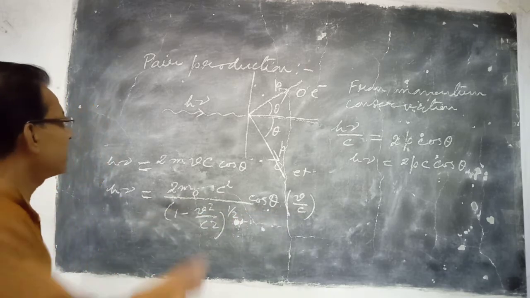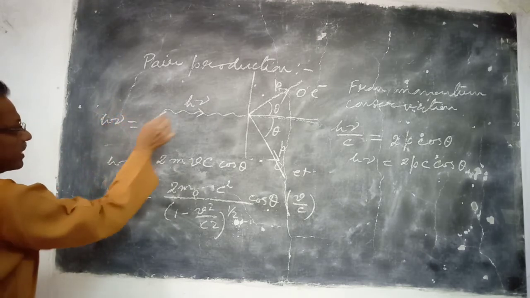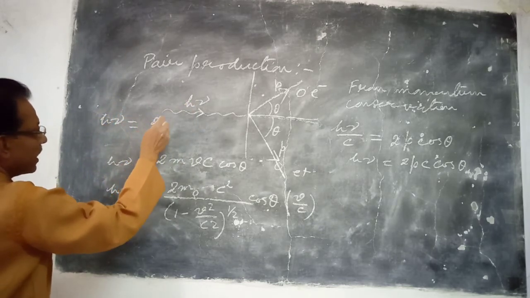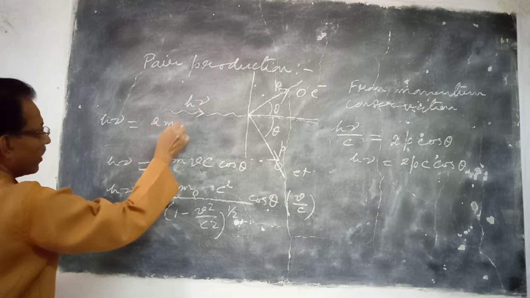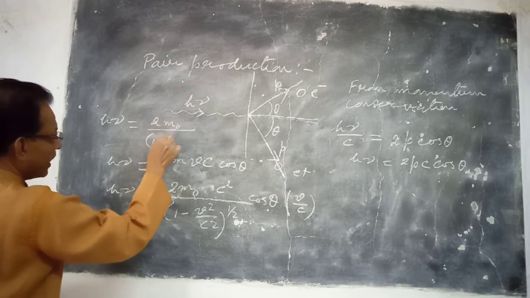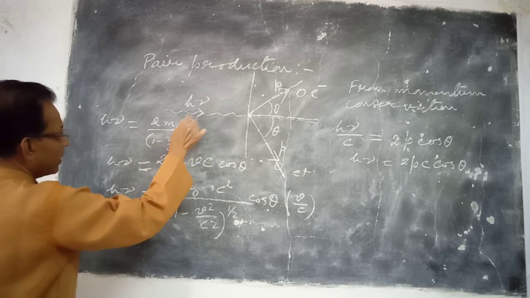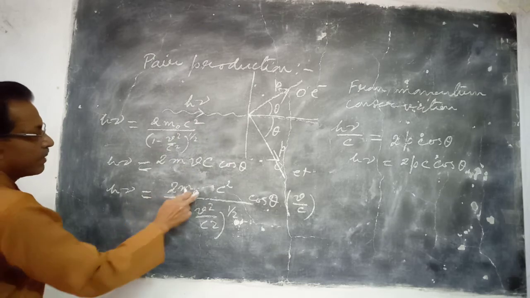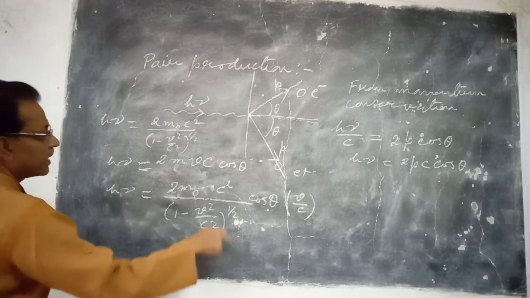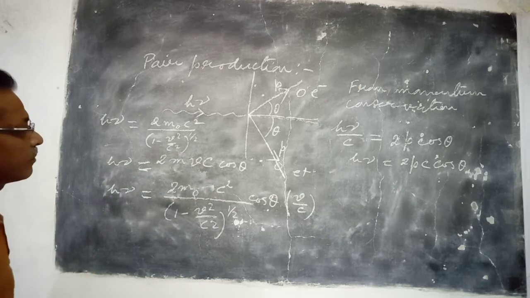Because initially, from energy conservation, h nu was equal to twice mc square, that is, twice m0 by 1 minus v square by c square to the power half, into c square. So twice m0 c square by this quantity is here, and from momentum conservation we write the other expression.